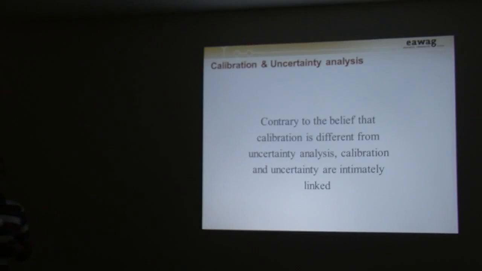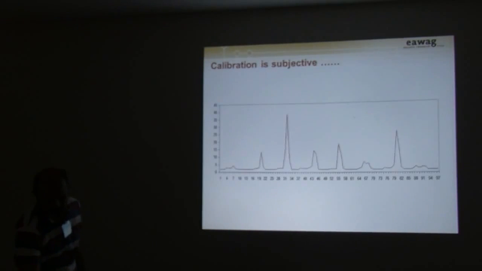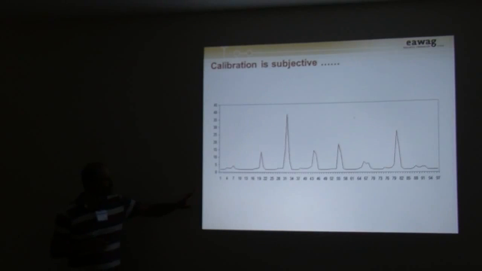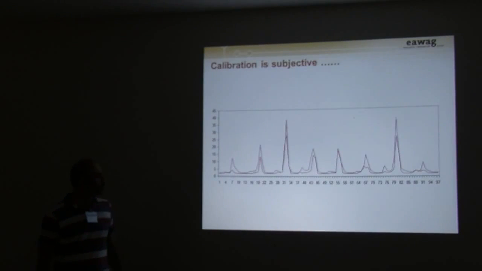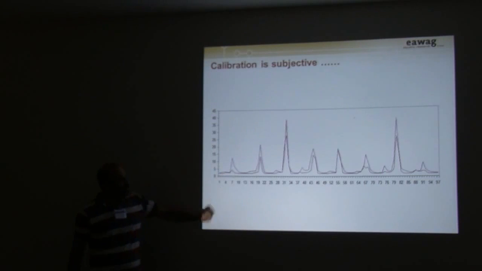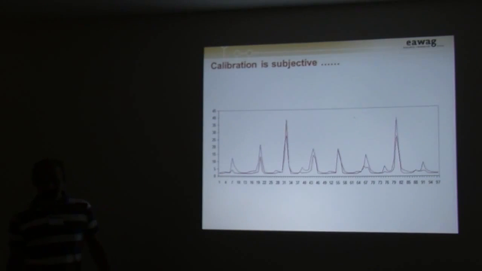Then for that, you need to show me the uncertainty, and you propagate that through your model to see what sort of output you get. Now, I will talk much more about this, but to make the point, if this is your observation, and you go and calibrate your model, and you get something like this, you may say that this is a nice fit of your observation.